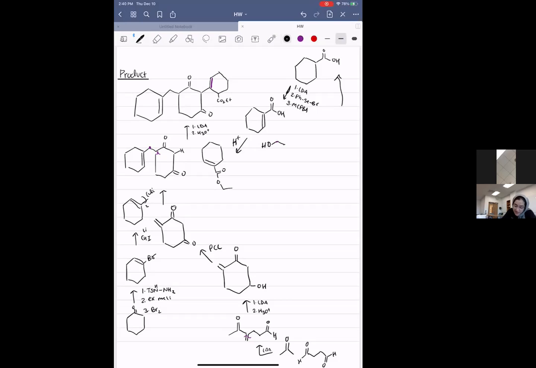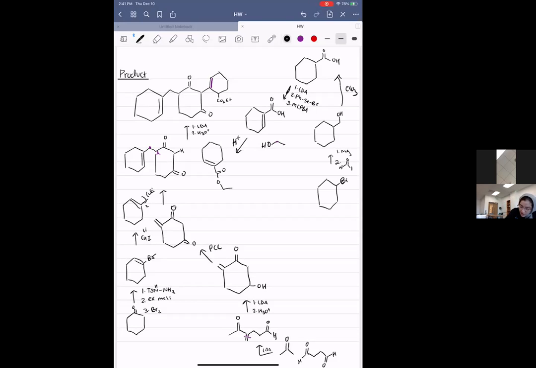Now I know that this could have been made through, if this was an alcohol, it could be made into a carboxylic acid through CrO3. And then we can easily make this alcohol by reacting this cyclohexane with a bromine on it by adding Mg, and then reacting it with formaldehyde.